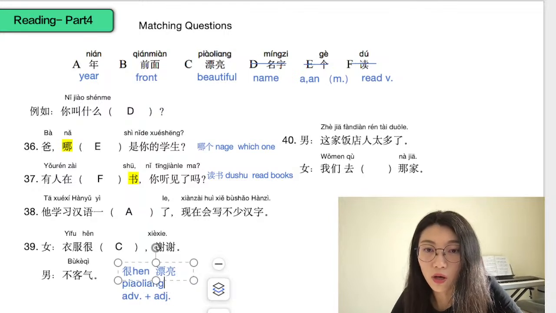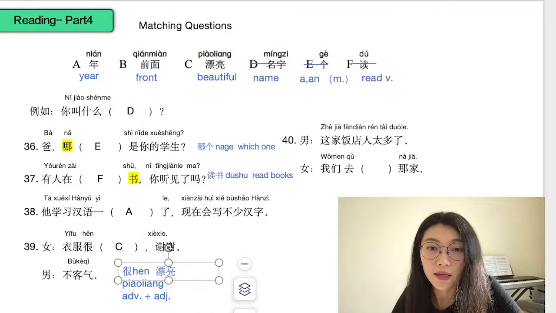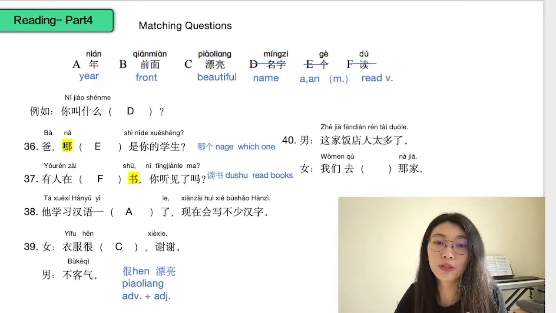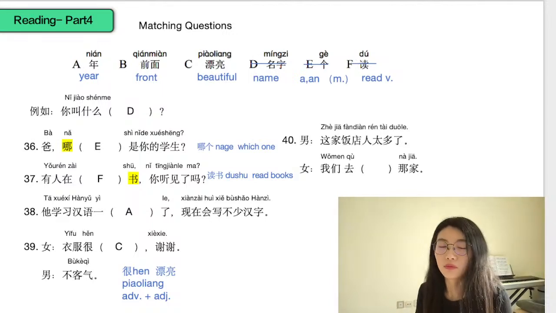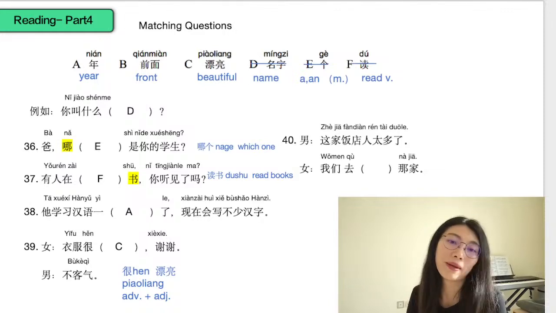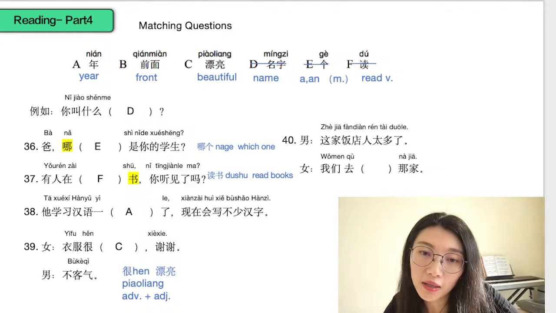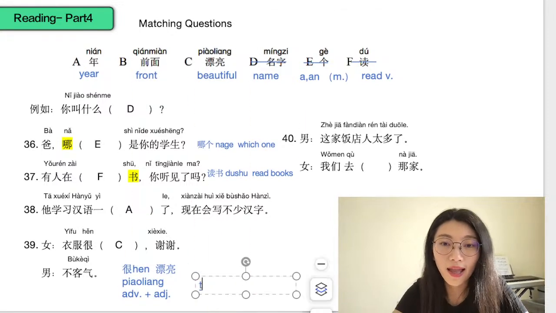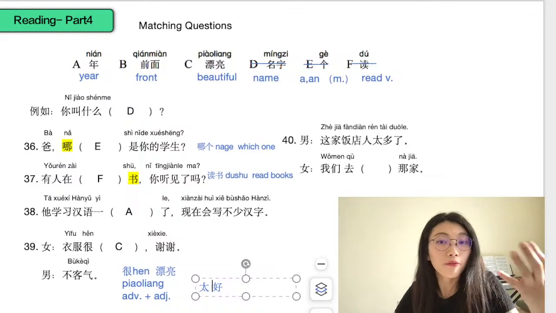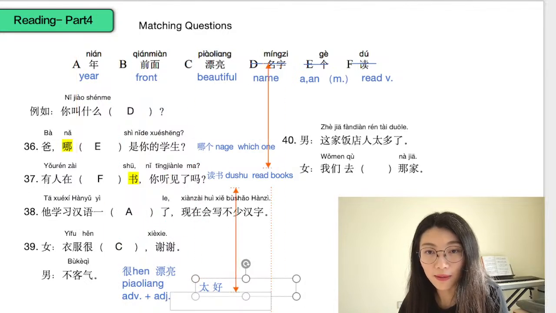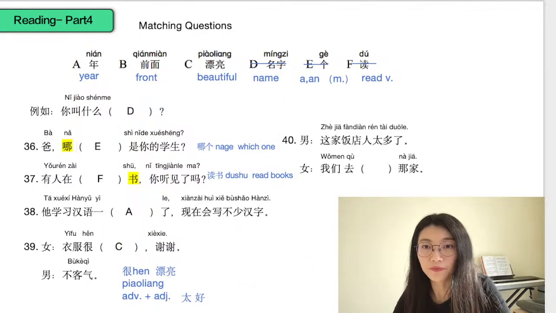So you cannot say 衣服漂亮. We have to add 很 in front of the adjective. We don't say 我漂亮, we say 我很漂亮. That's correct Mandarin. For example, we can also say 太好, 太 means very. 太好, very good. It's still the same grammar, adverb plus adjective.